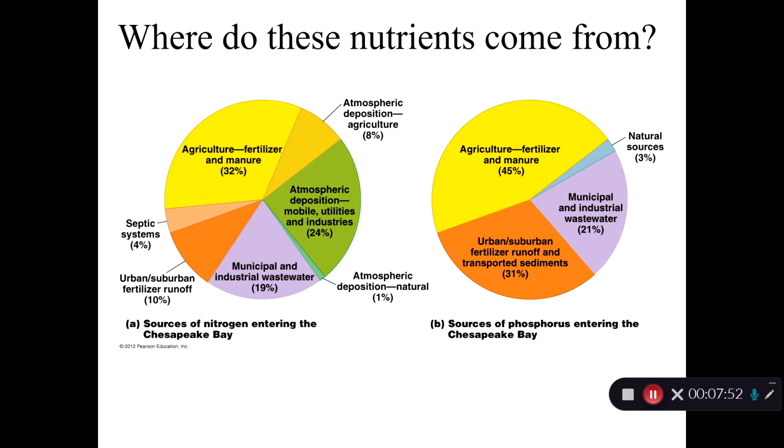So you can see that big green slice of the pie too, suggesting that another big source of nitrogen for the bay is that atmospheric deposition. I will say that burning fossil fuels is one of the things that creates that. So we have a variety of sources in our landscape, and because of how we modify things with fossil fuel use and fertilizer use, there's more reactive nitrogen and more phosphorus coming into our waterways.